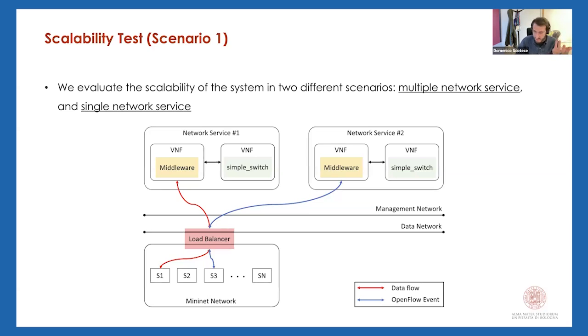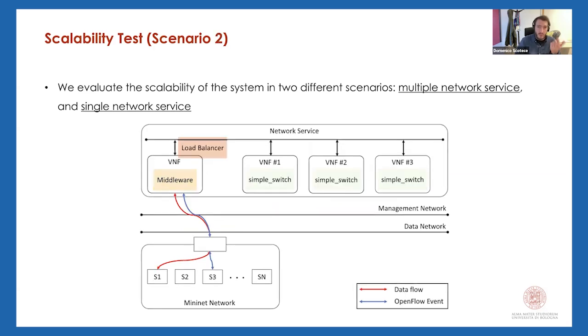We want to leverage the microservices. We want to leverage the micro functionality. We want to only scale the macro functionalities. So this is a different scenario that we tested, which is closer to what we want to test.